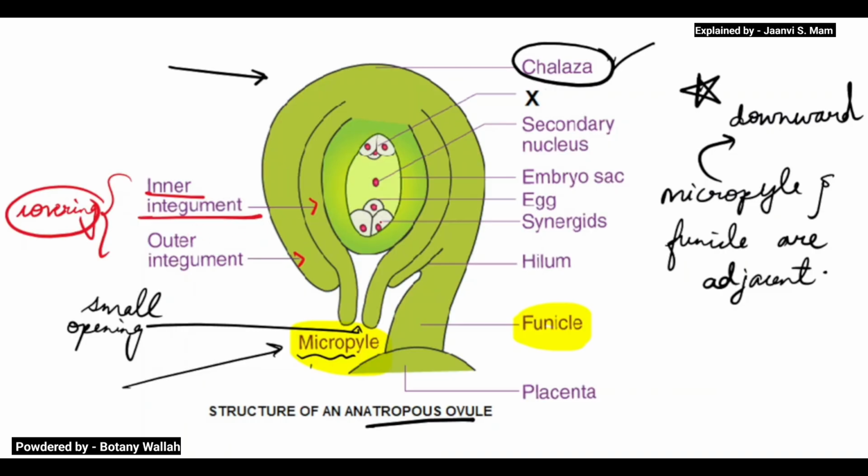Okay, if you move forward, inside, you can see that there is a thing known as embryo sac. This is embryo sac. Okay, embryo sac is the main place where megasporogenesis occurs.